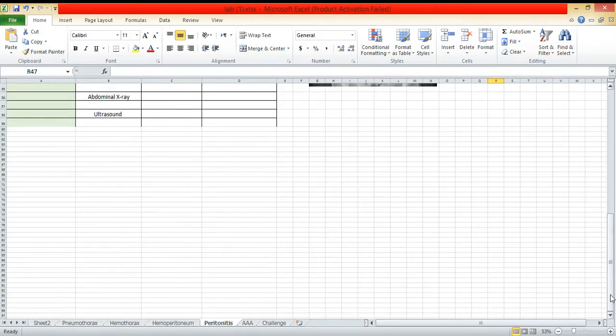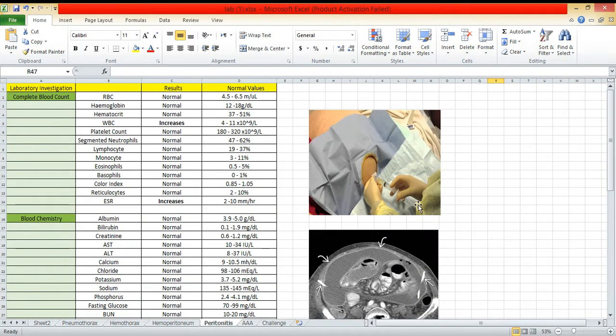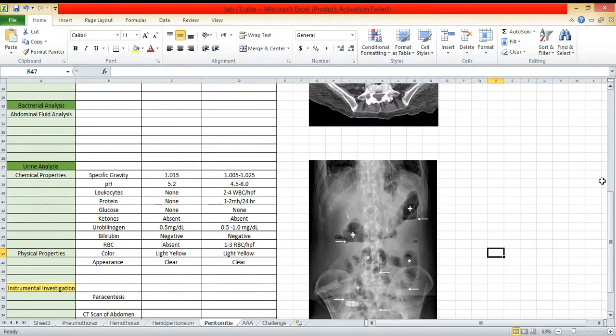On the first picture here, we can see the process of paracentesis where abdominal fluid is collected, and next is an ultrasound of the abdomen, and lastly we have an abdominal X-ray, which shows peritonitis.